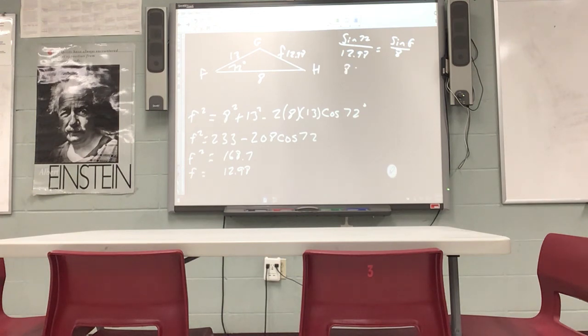So 8 sine 72, enter, divided by 12.98, enter. Then that's what sine G equals, so how do we undo sine? Inverse. So you're going to do the inverse sine of 0.6.